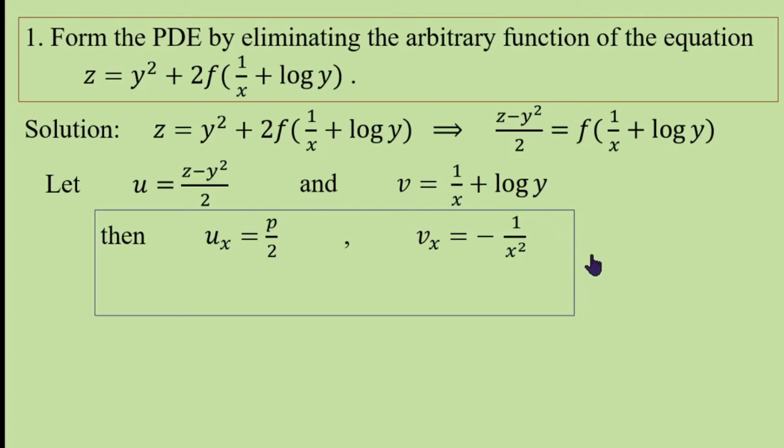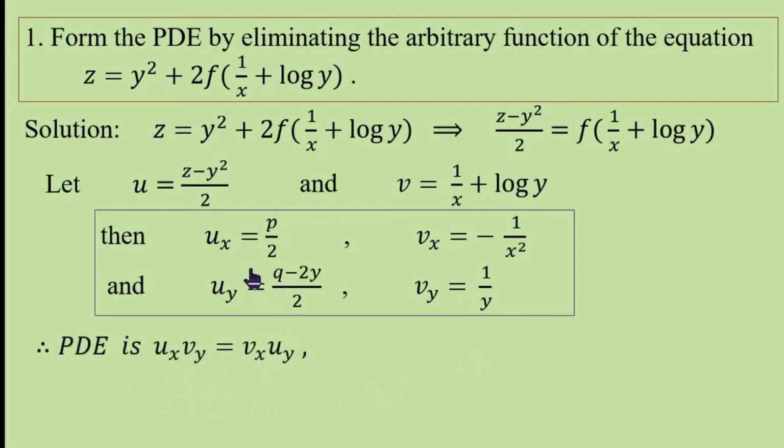Log y derivative is 0. And when you differentiate partially with respect to y, uy becomes dou z by dou y, that is q, minus 2y divided by 2, and vy is 0 plus the derivative of log y, that is 1 by y, and hence the PDE is ux vy equal to vx uy, means p by 2y, p into 1 divided by 2 into y, equal to minus (q minus 2y) by 2x square.